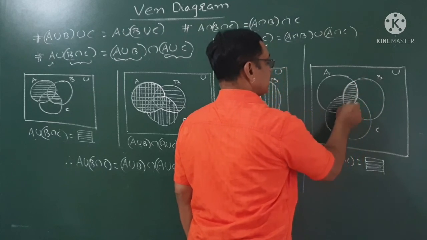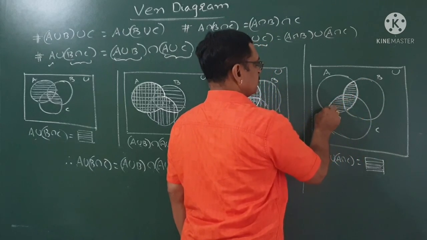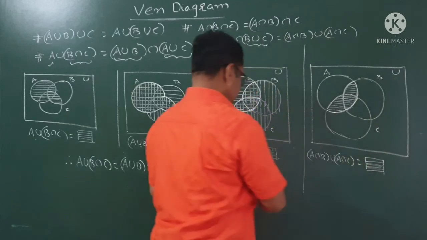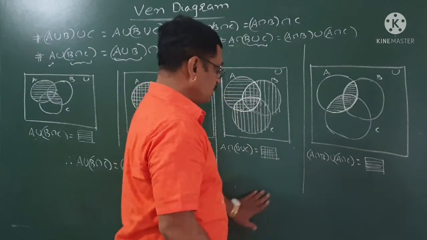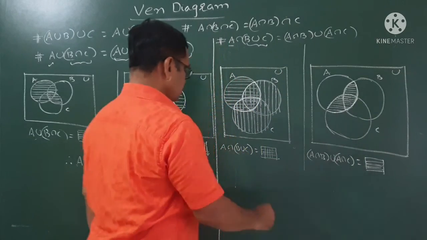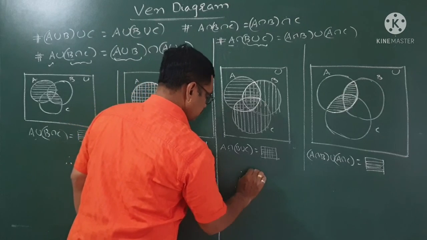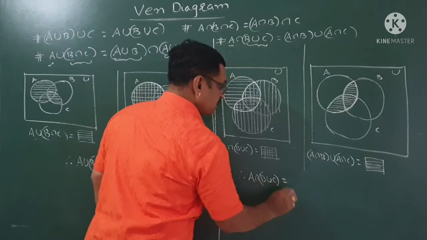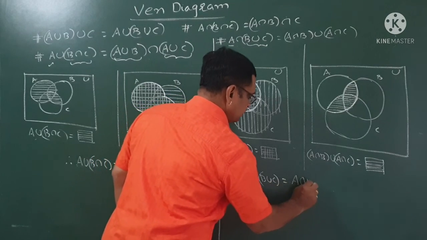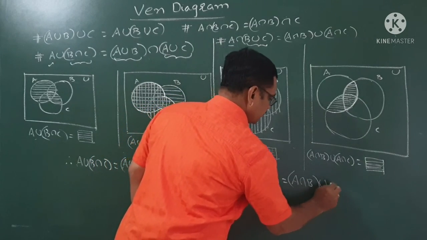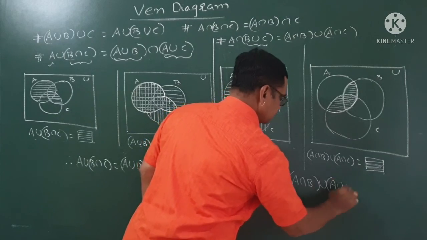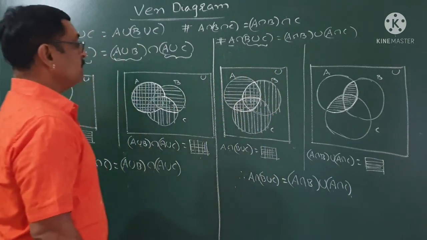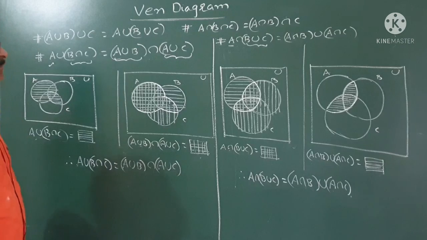Now, if you observe carefully, these two have same shade, so I can say, therefore, A intersection (B union C) is equal to (A intersection B) union (A intersection C). So, distributive laws are proved using Venn diagram.